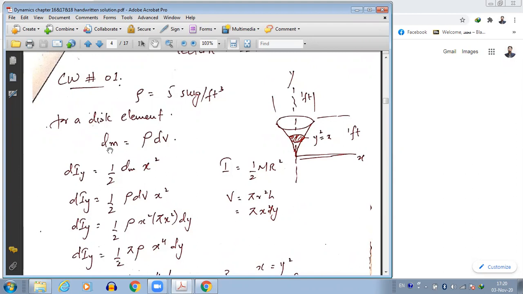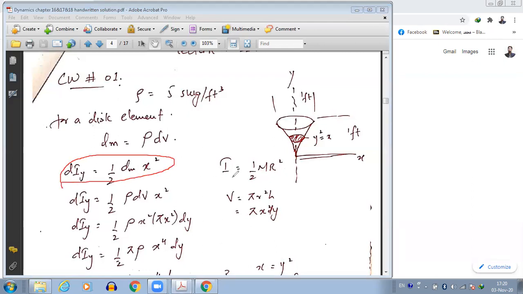So we can use dIy is equal to half dm x square. This comes from here. Since I is equal to half m r square, dIy will be half dm x square.